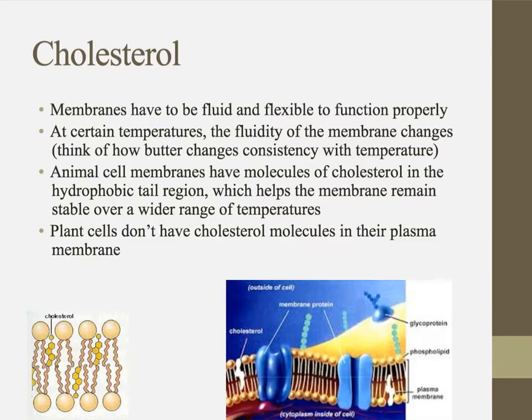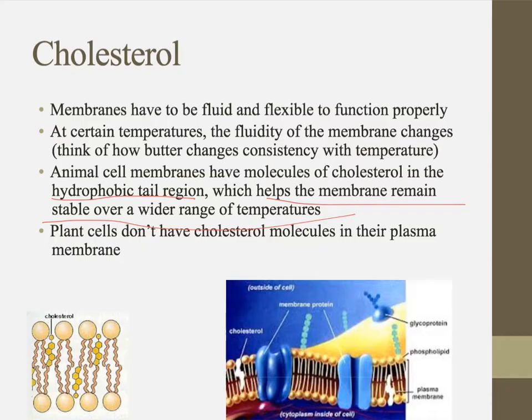And the cholesterol will actually keep this membrane more stable over a wider variety of temperatures. So that's the function of the cholesterol, okay? It's, again, in the hydrophobic tail region, and helps the membrane remain stable over a wider range of temperatures.